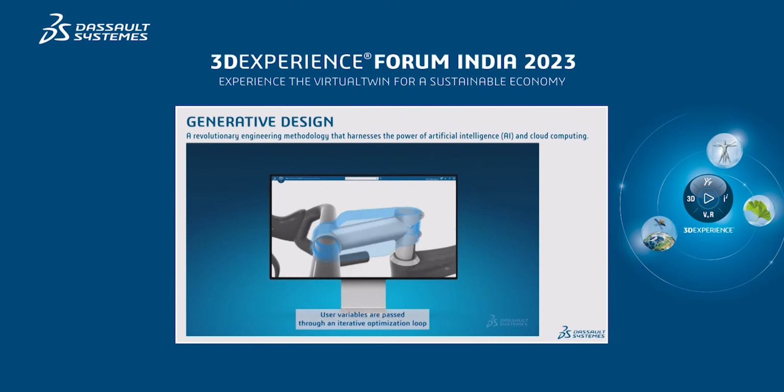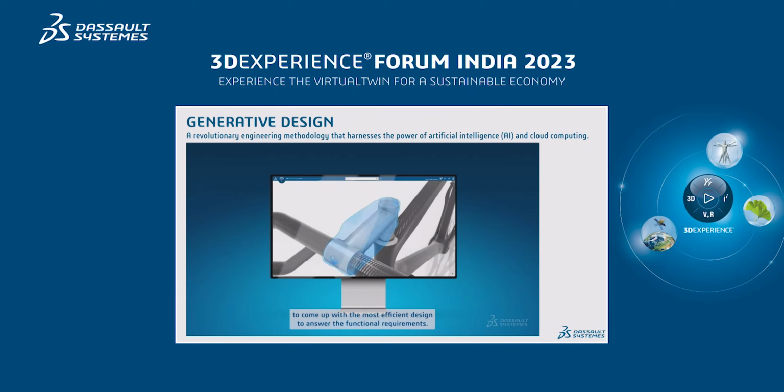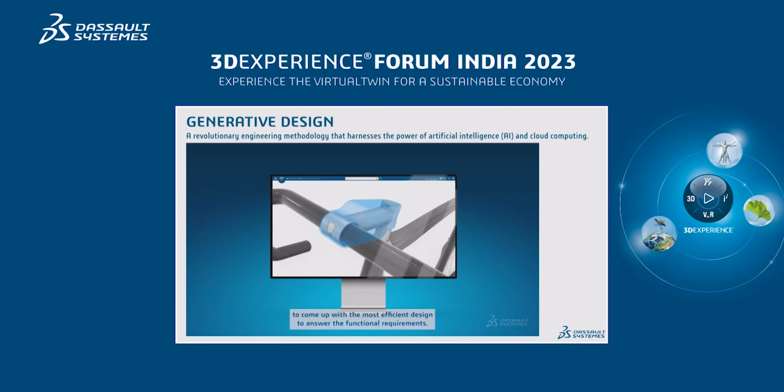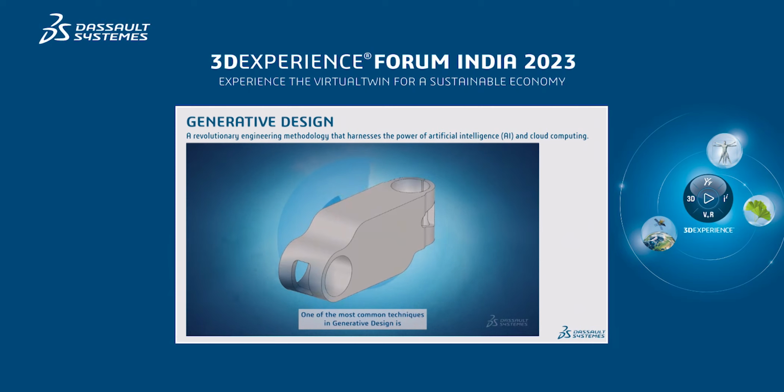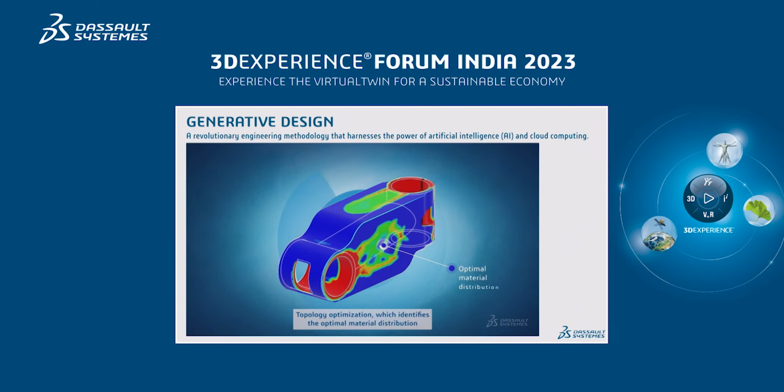User variables are passed through an iterative optimization loop to come up with the most efficient design to answer the functional requirements. One of the most common techniques in generative design is topology optimization, which identifies the optimal material distribution to achieve a given objective, such as maximize stiffness, while taking into account the different loads, restraints, and constraints defined over a design space.